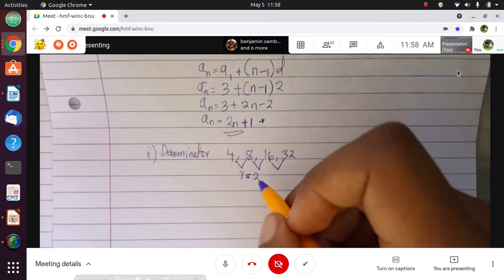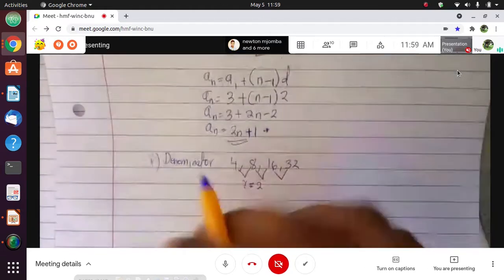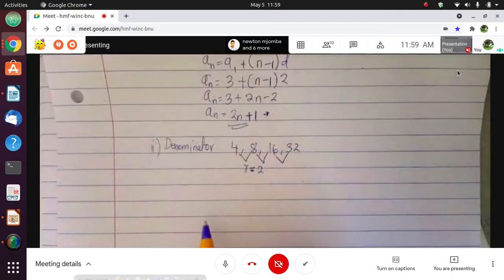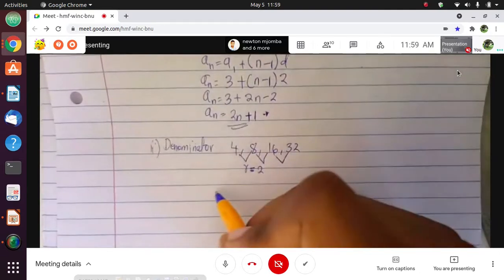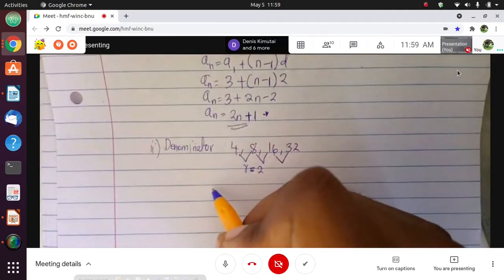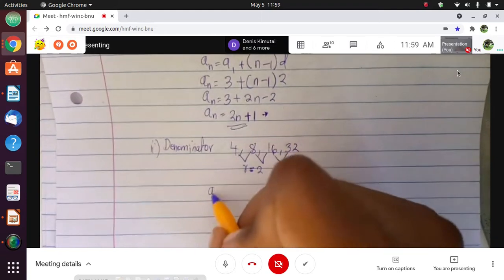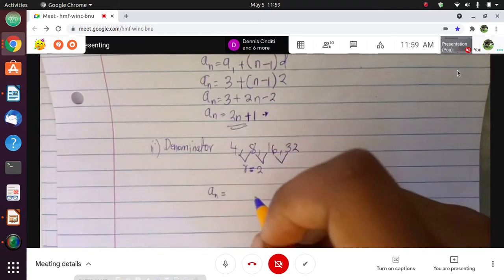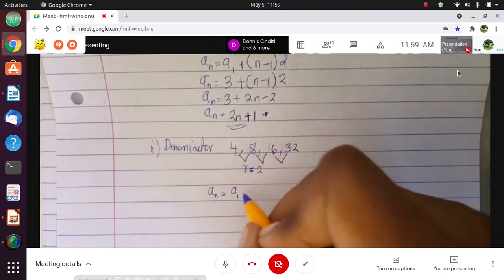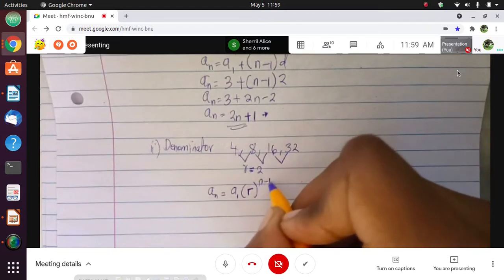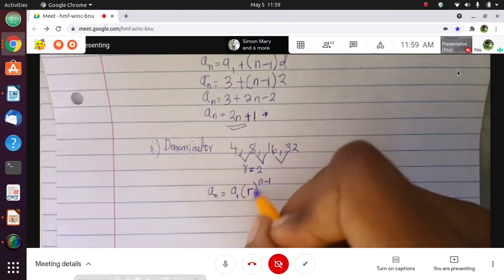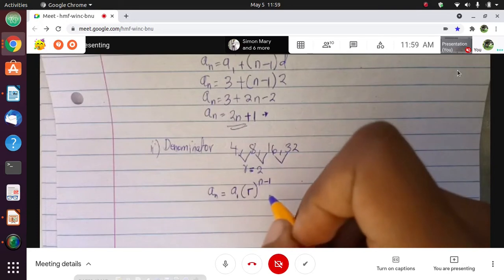Now, what is the general equation of a geometric sequence? A_n equals A1 times the common ratio raised to n minus 1.